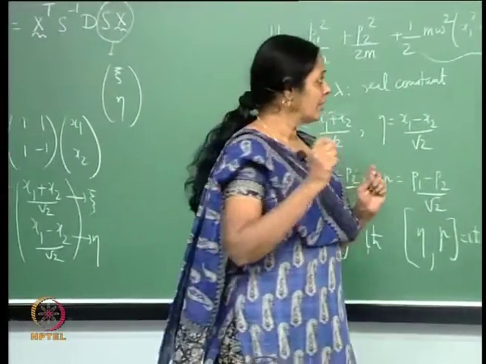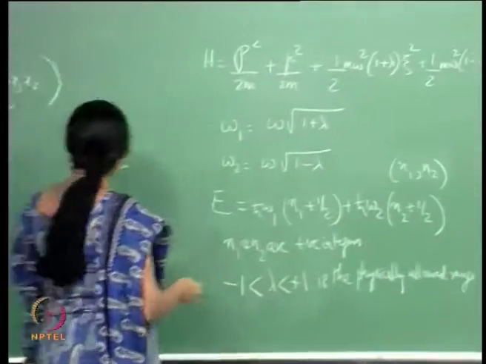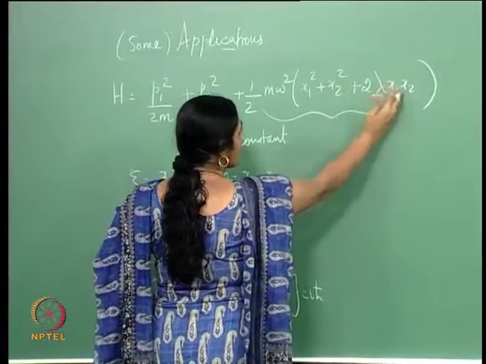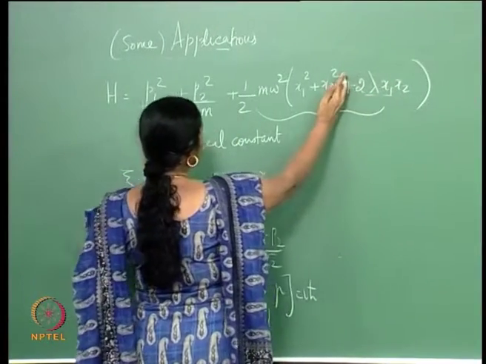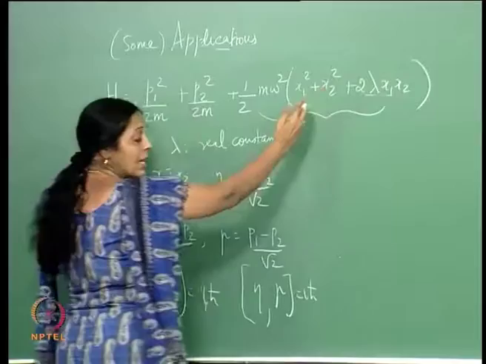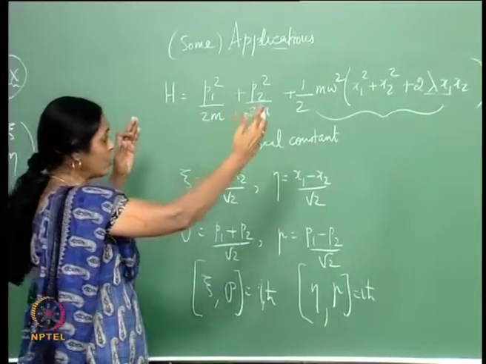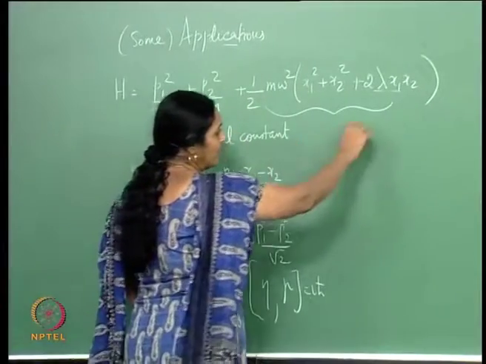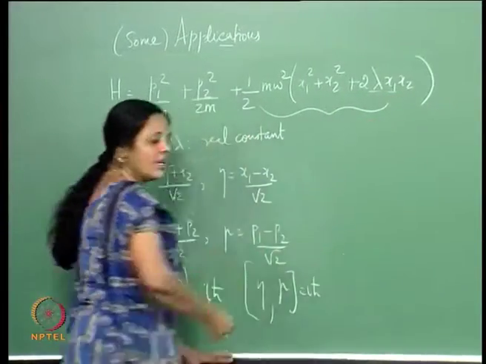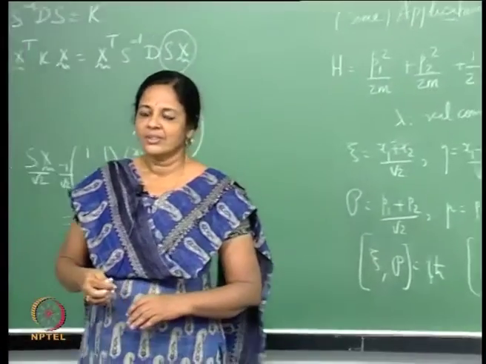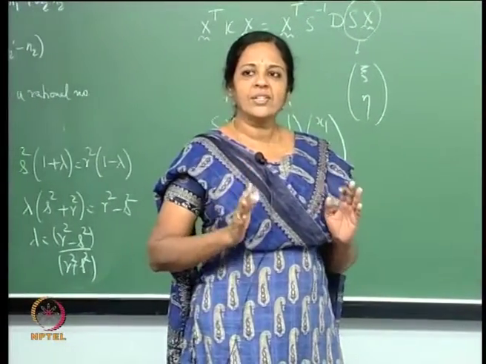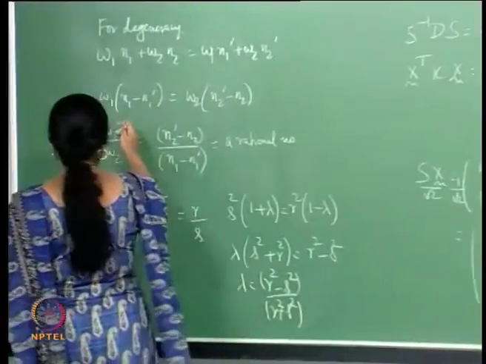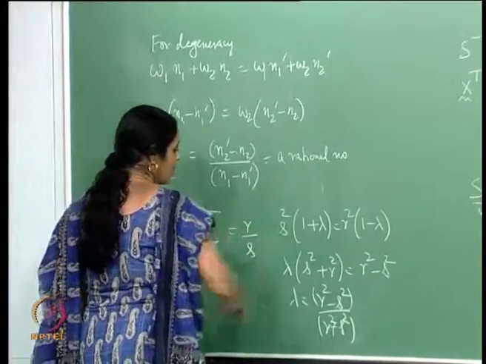In fact, in general, if you had the original problem and there was no interaction, there would have been a degeneracy, because you are looking at a two-dimensional isotropic oscillator, and you know that there is a degeneracy in that problem. This interaction actually lifts the degeneracy. In other words, there is a degeneracy only for specific values, that is when omega 1 by omega 2 is a rational number.